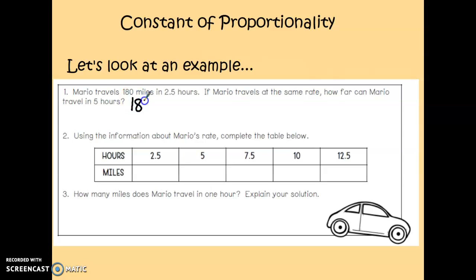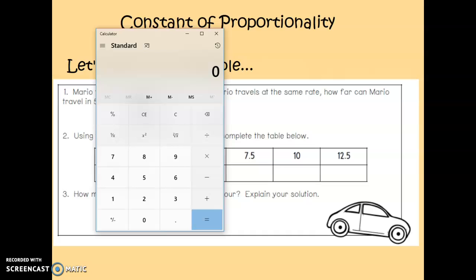So, 180 miles in 2.5 hours. We want to find out how far Mario can go in 5 hours, but because we're trying to find the unit rate, we're going to start with 1 hour. Then all we're going to do, just the same thing we've been doing, is divide that 180 by 2.5, and we get 72.